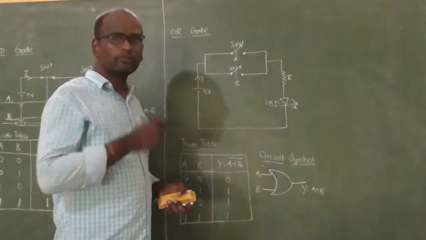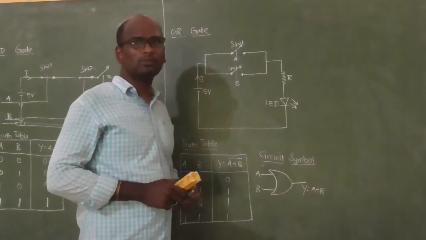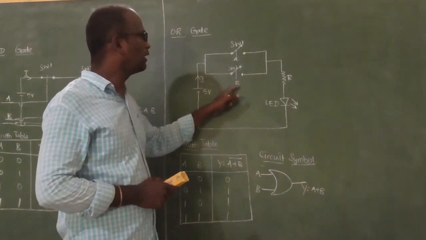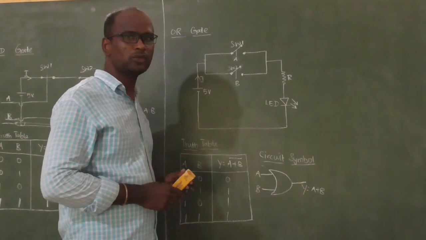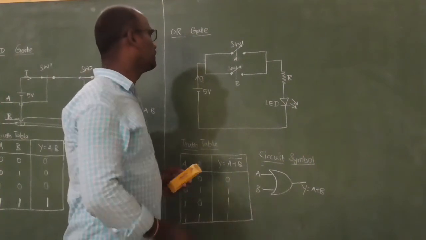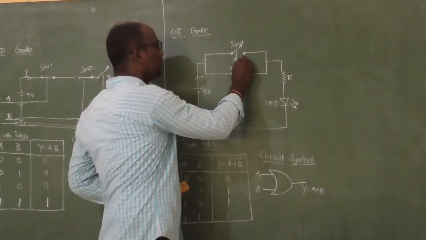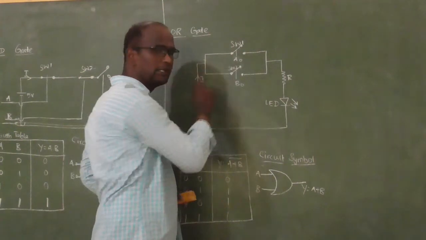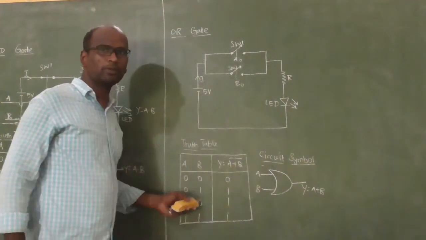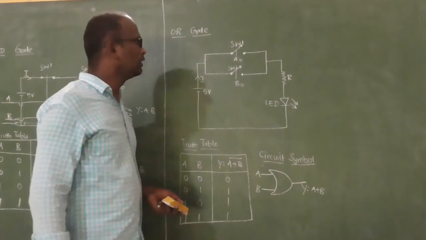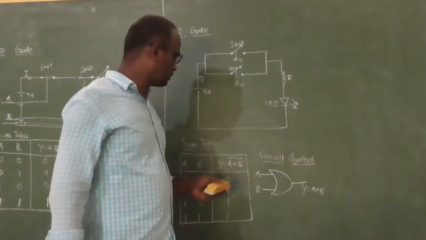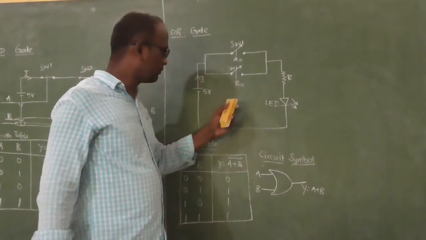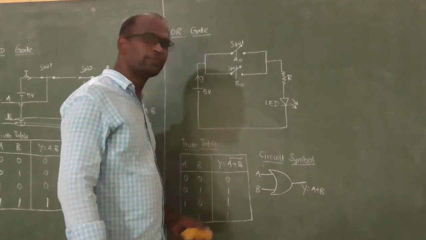This parallel combination of these two switches are controlled by the two inputs A and B, as similar to the AND gate circuit. If we are providing the binary numbers for A and B like this, the 4 combinations of binary numbers, we get the output like this.